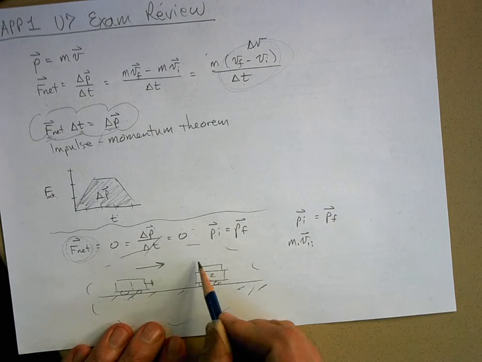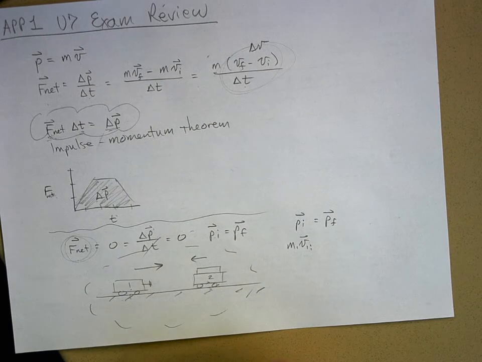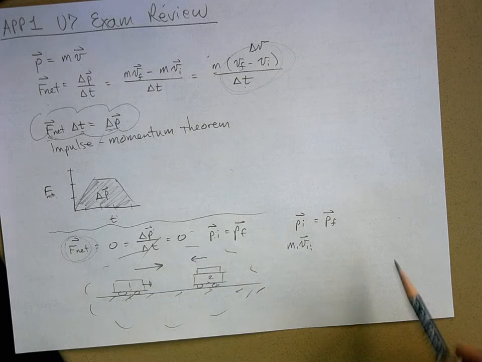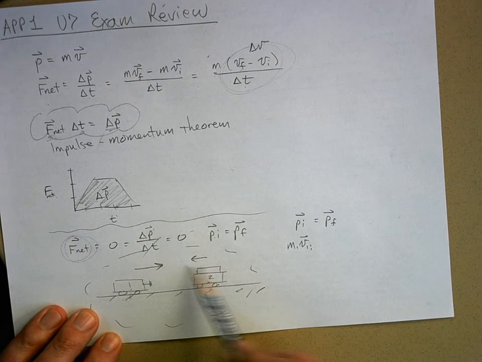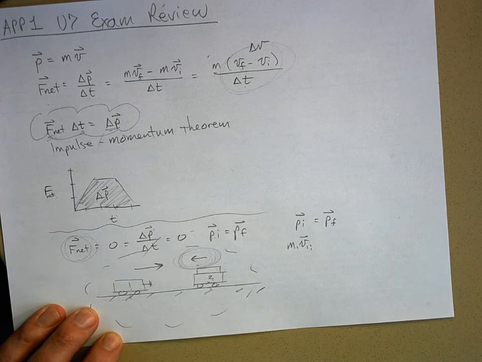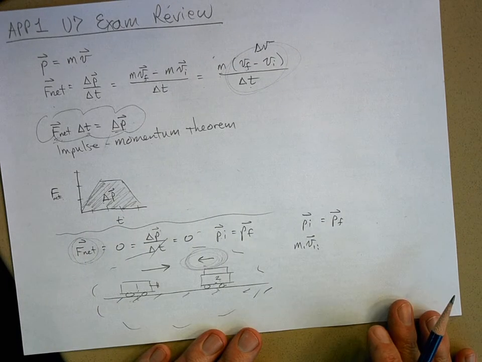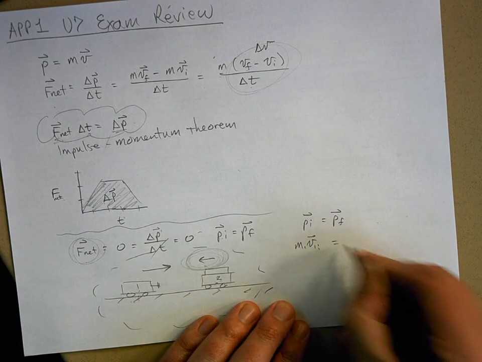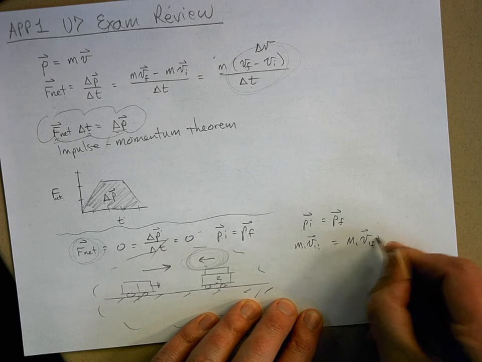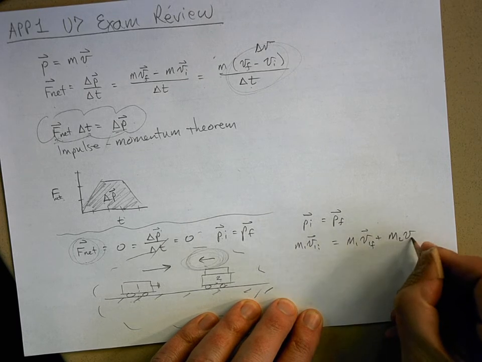Now what if this one was moving to the right? Well, then you would have to include it in your equation. Also, make sure that, what does this mean about the velocity of object 2? If I gave you a velocity to the left, when you plug it in here, you've got to make it negative. Anyway, equals M1 V1 final plus M2 V2 final.